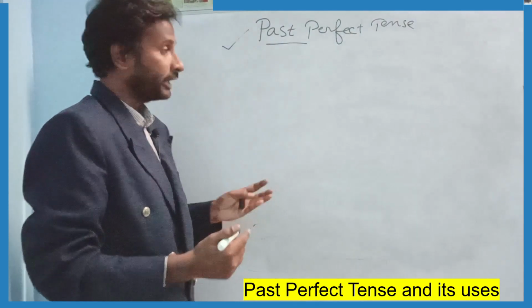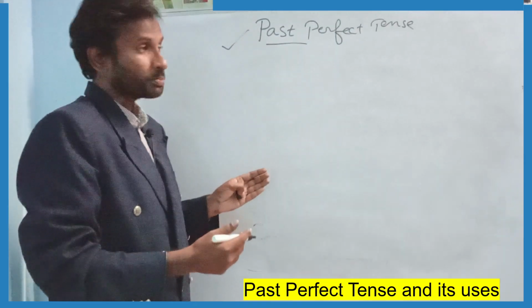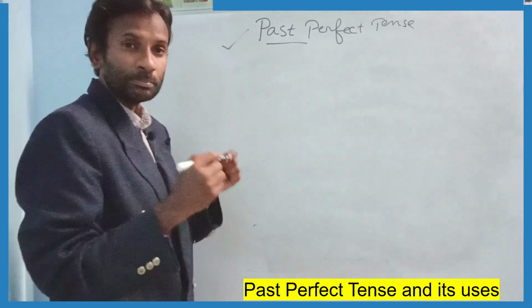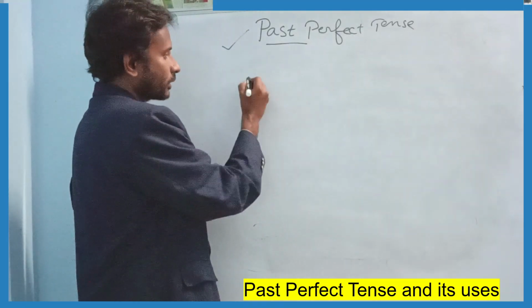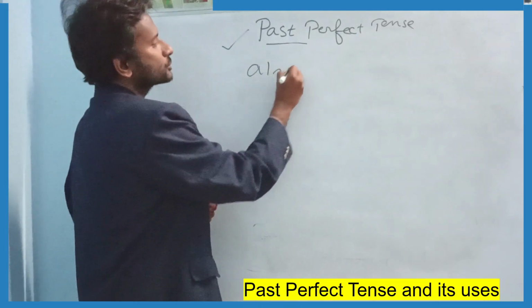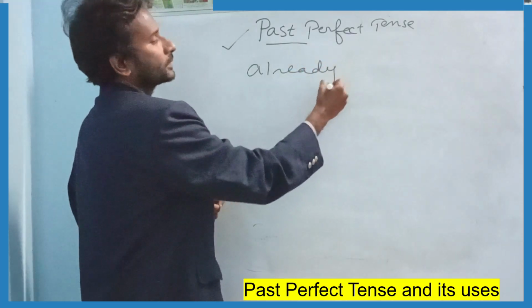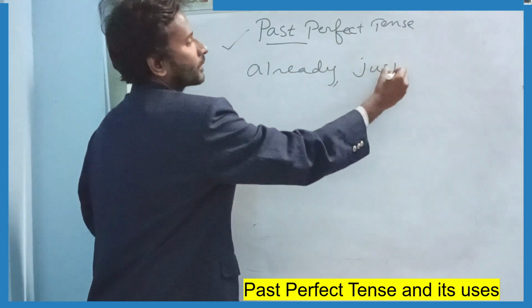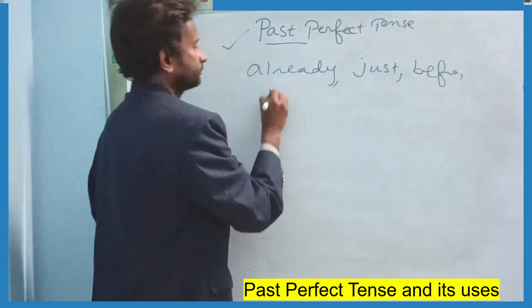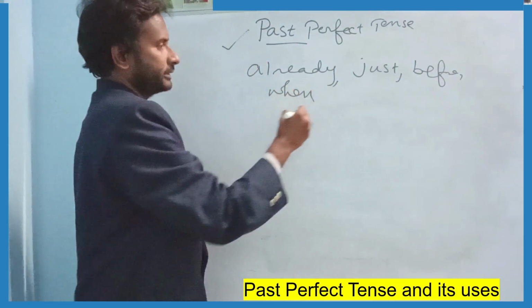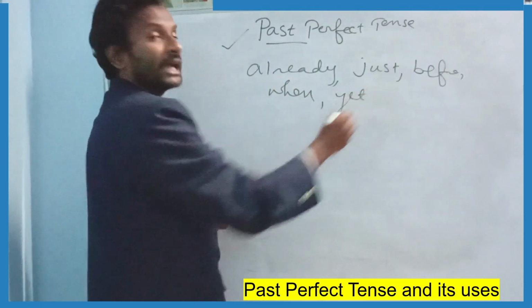Let us look at one more thing. We also use past perfect tense with typical time expressions, for example already, just, before, when, yet.